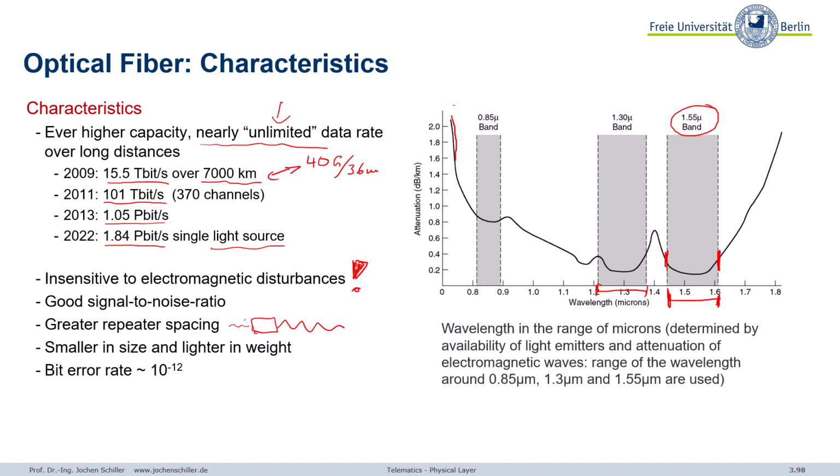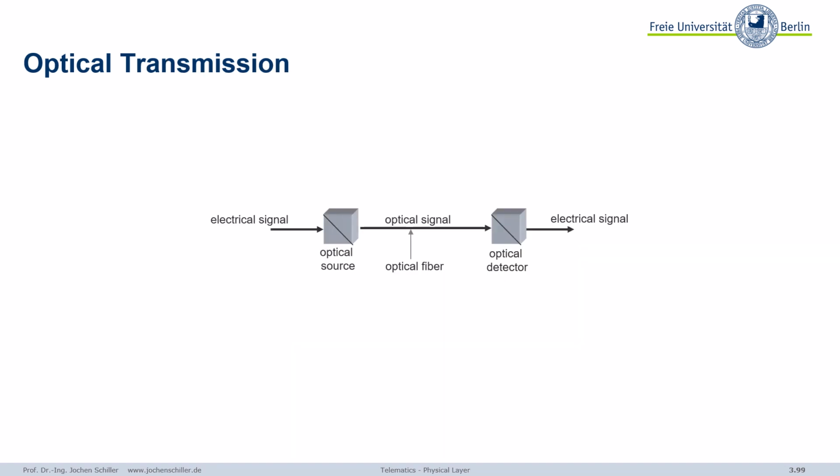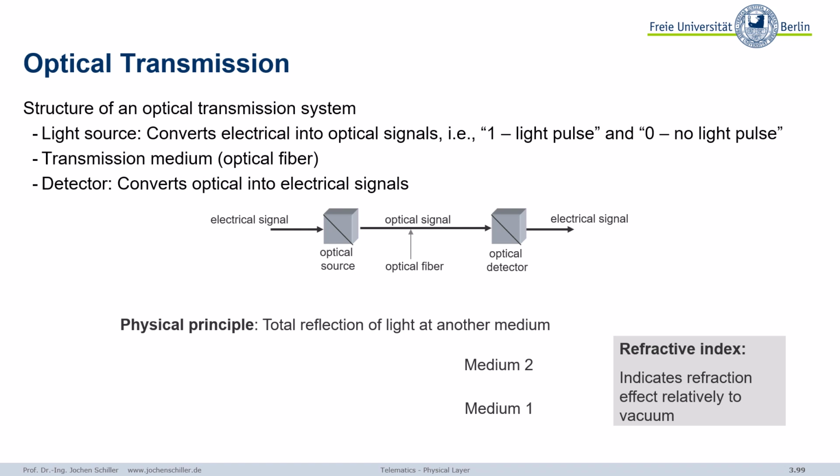So optical transmission works as follows. You have an electrical signal, because our computers work with electrical signals, and then we generate somehow the light, we transmit the light, and then we need a detector that regenerates the electric signal based on this light. So the light source converts electrical into optical signals.